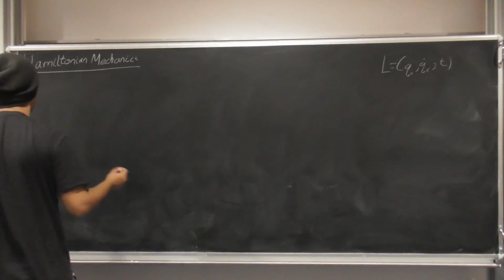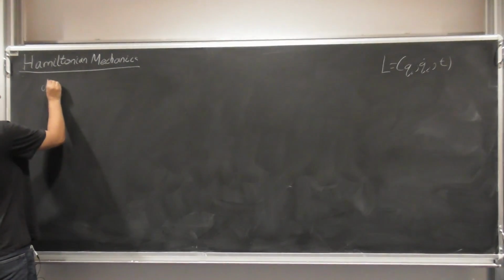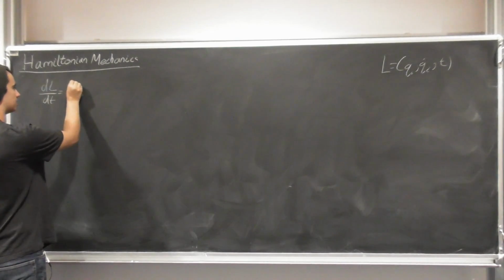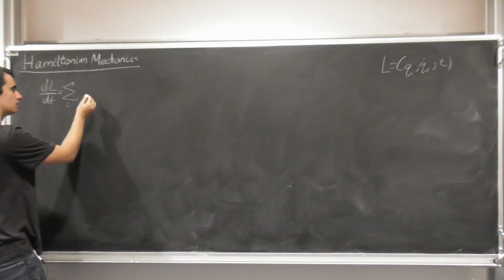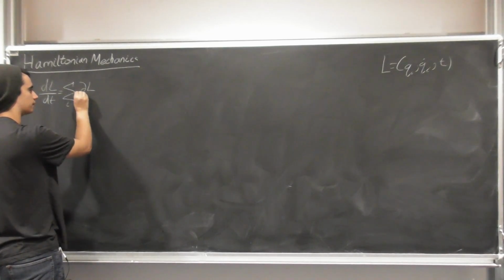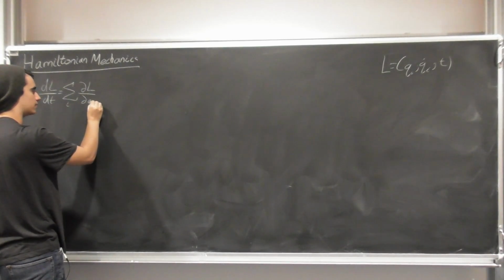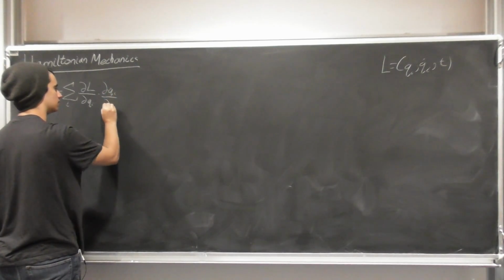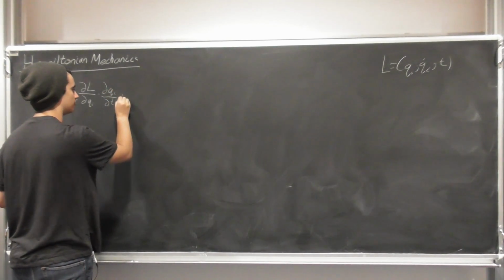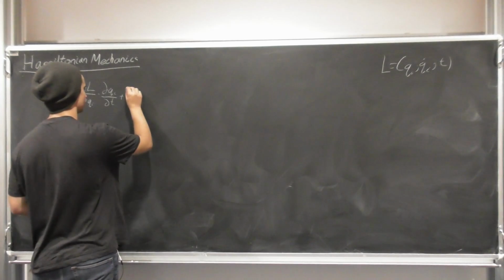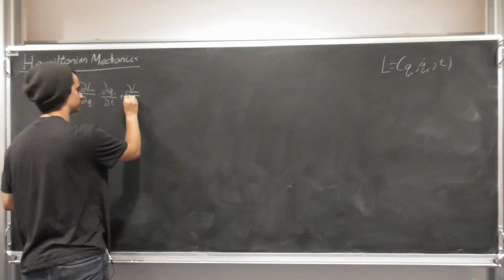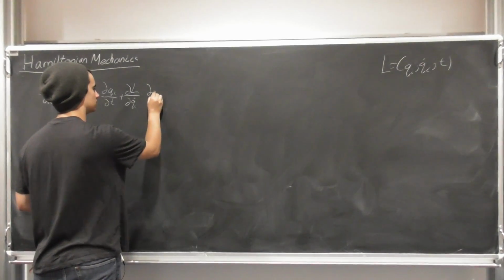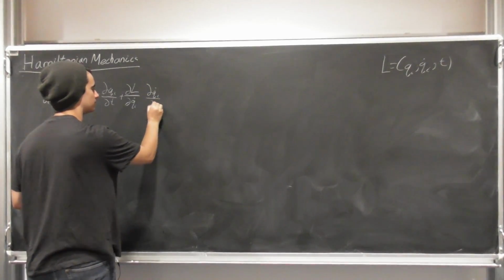So if we had, say, dL/dt, well, we'd have to take a sum over all i of the partial derivative of the Lagrangian with respect to q sub i times the partial derivative of q sub i with respect to t, plus the partial derivative of the Lagrangian with respect to q sub i dot times the partial of q sub i dot with respect to time.